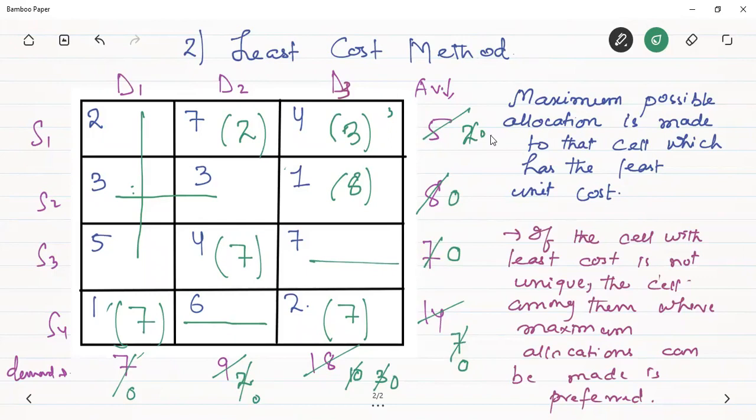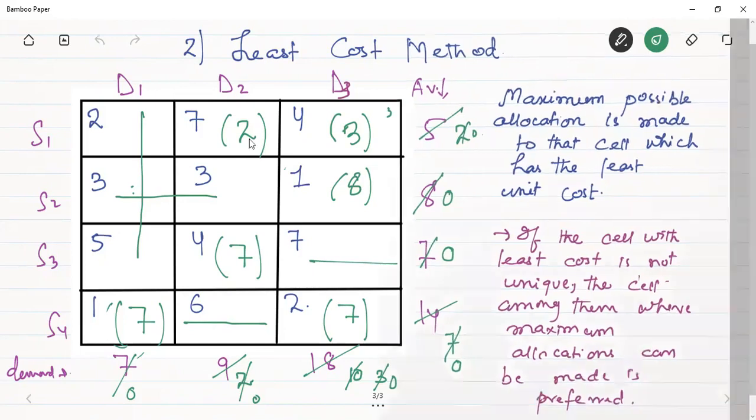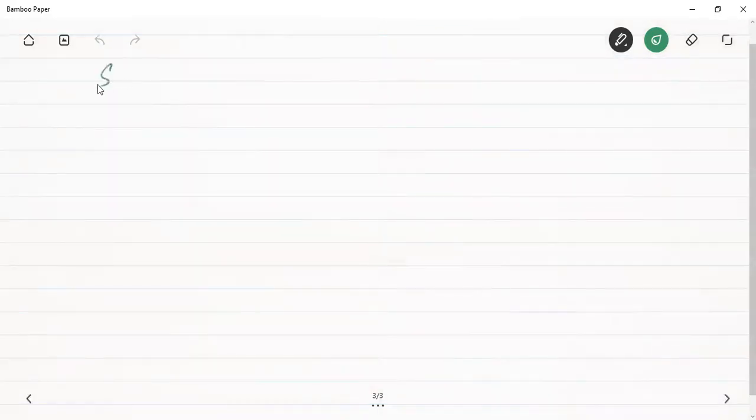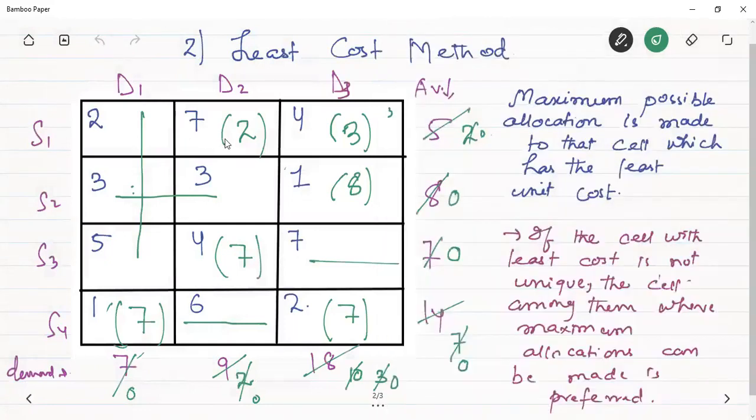Okay, now we can see that इसका जो solution होगा, let me write it here. The solution is, ठीक है, कौन कौन सी cell यहाँ पे allocate होगी? You can see that X1,2, X1,3, X2,3, X3,2, X4,1, X4,3.